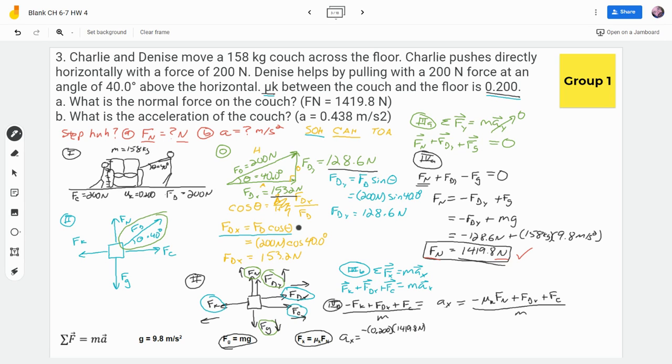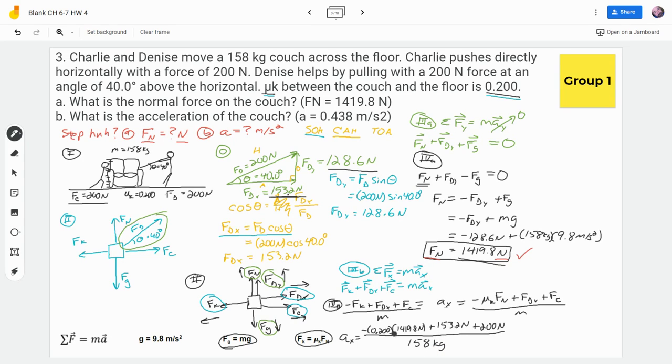Well, that is this number, 153.2. You know, kind of lost the decimal point there, but there is one there. So plus 153.2 newtons, plus f sub c, which all the way back from the beginning, f sub c is 200 newtons. And then this whole thing is going to get divided by the mass of the couch, which is 158 kilograms.